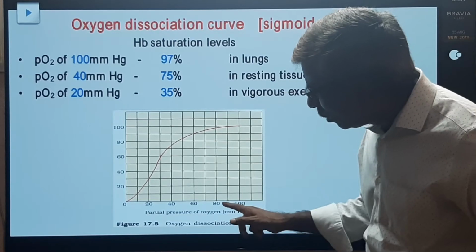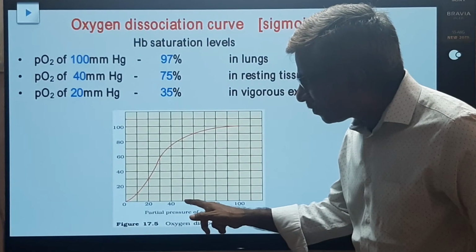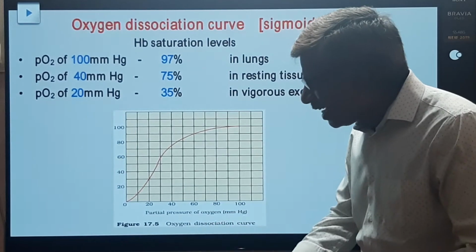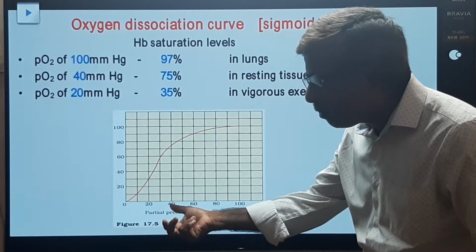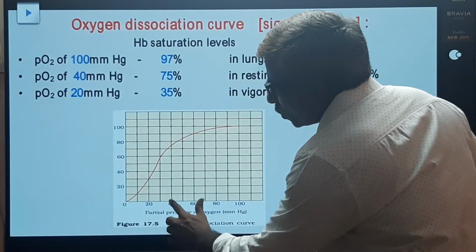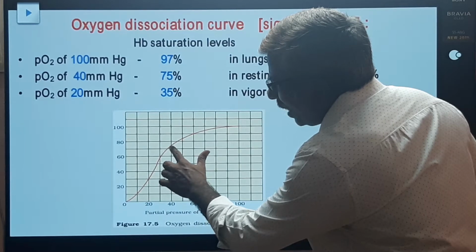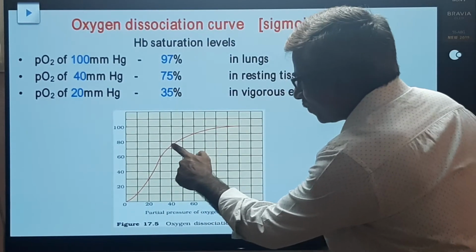As it is moving into the body, the oxygen partial pressure decreases. Already in the previous slides we have discussed that in the resting tissues it is 40 mm Hg. So in the resting tissues the saturation of the hemoglobin is 75. You see this 75.